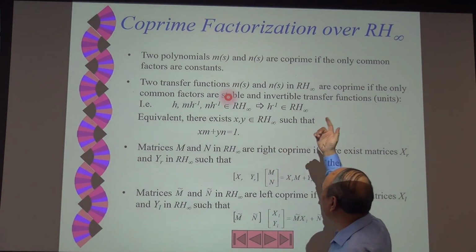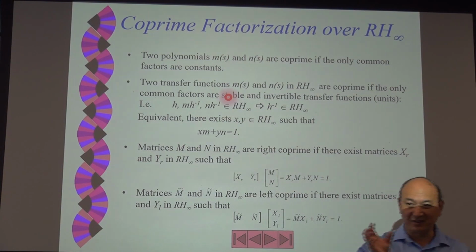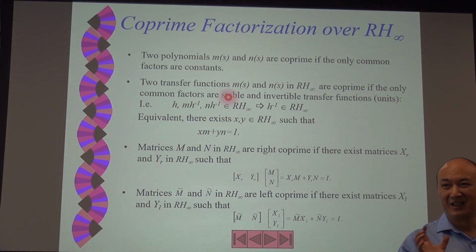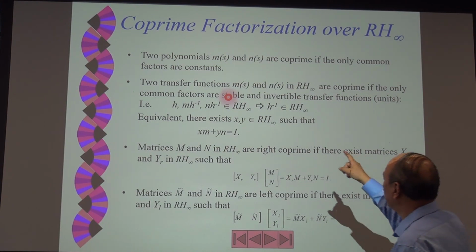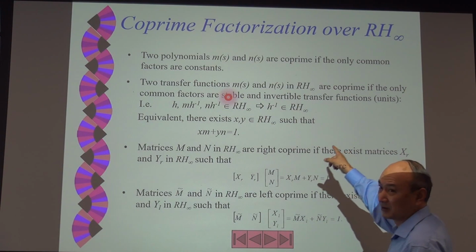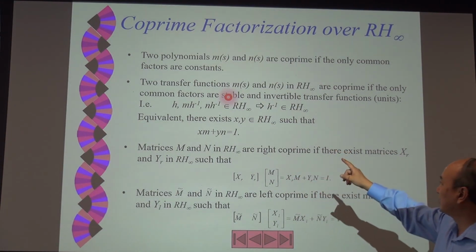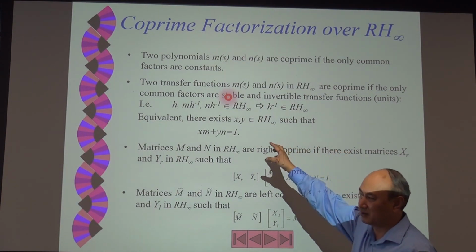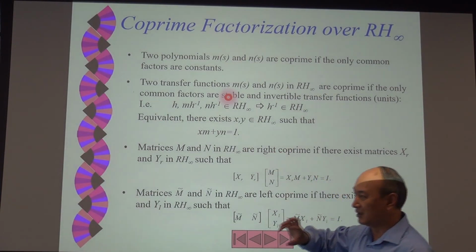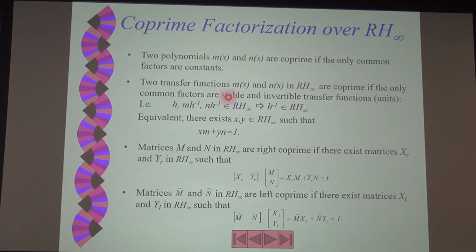In other words, if you have common factors, they are stable, and that's fine. Or you don't have any. So stable and invertible. In other words, H and its inverse can both be in RH infinity. This H can be relative degree 0, and so the inverse is also relative degree 0.